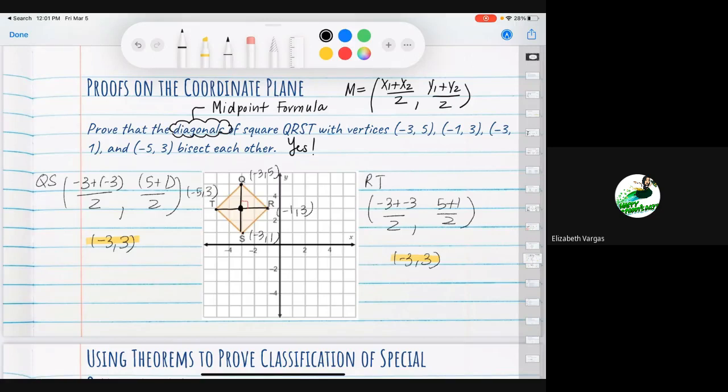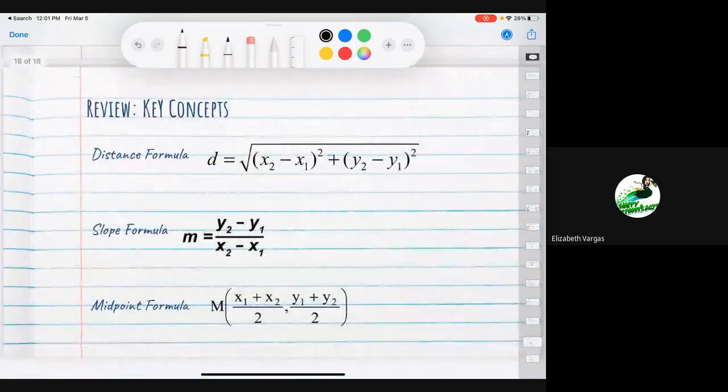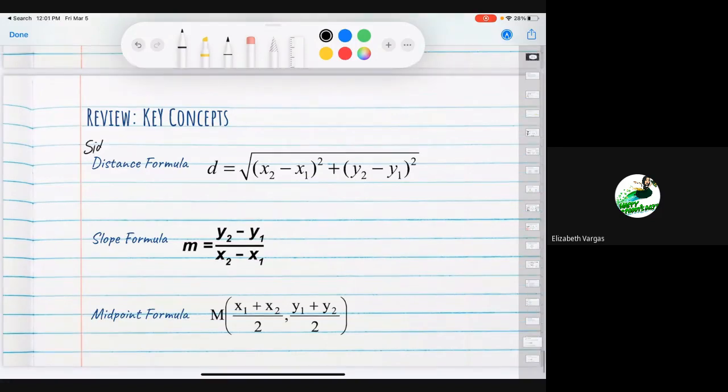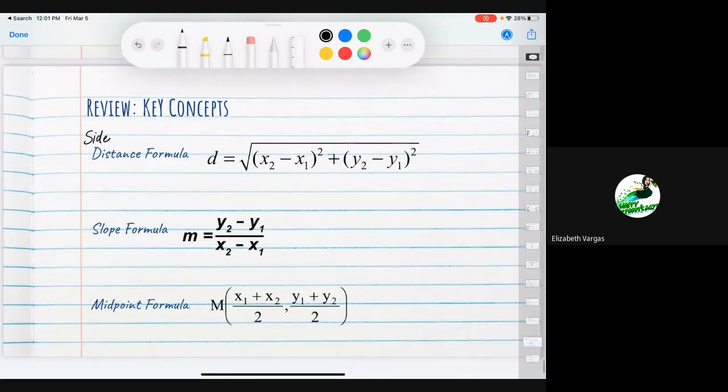No. Okay. So that being said, whenever we want to identify whether a figure on a coordinate graph is classified as a specific triangle, a specific quadrilateral, or a specific parallelogram, whenever we're trying to identify the side lengths, we're going to use the distance formula.